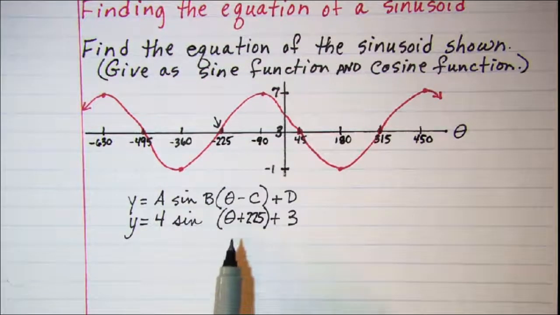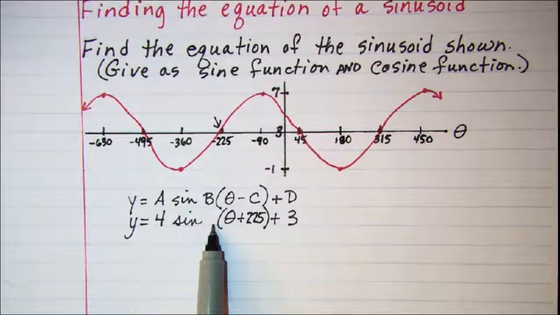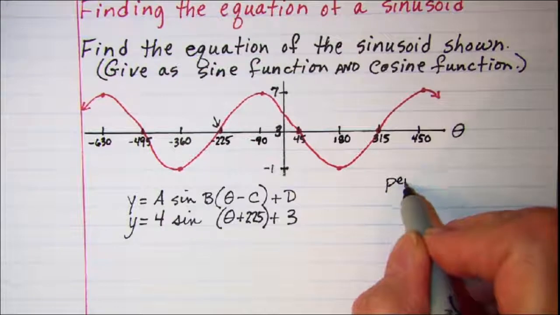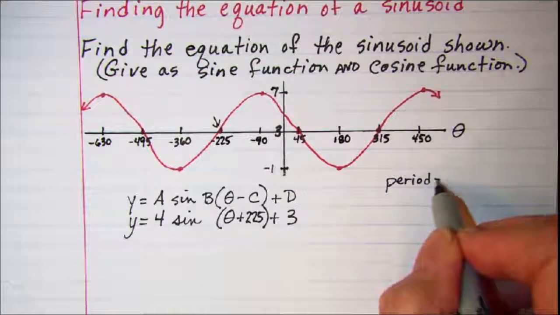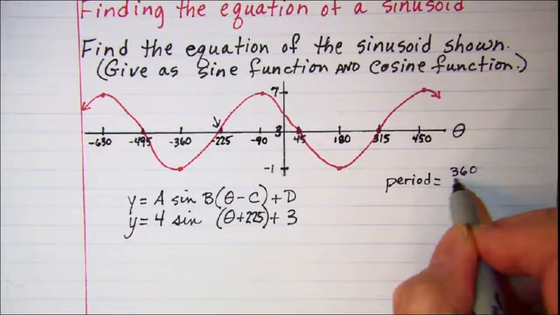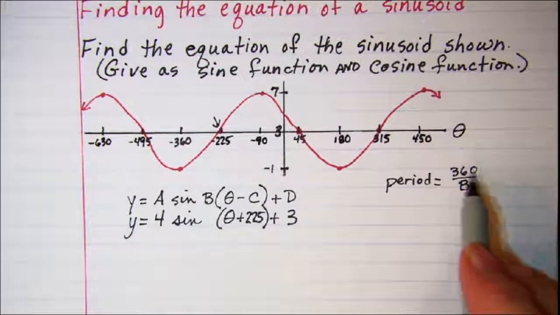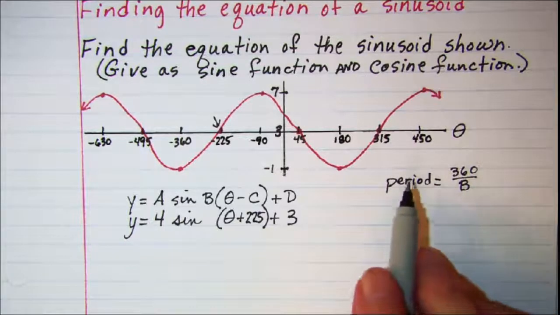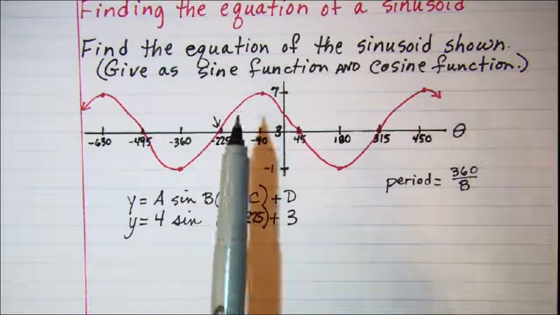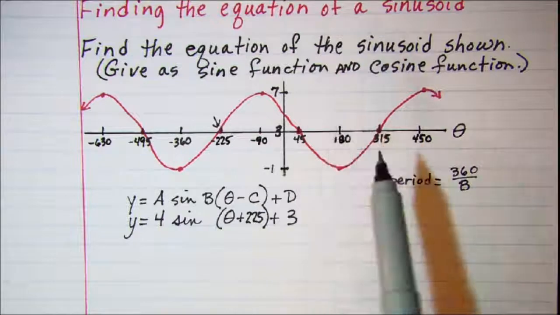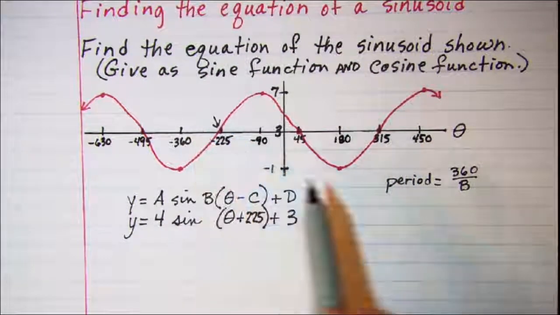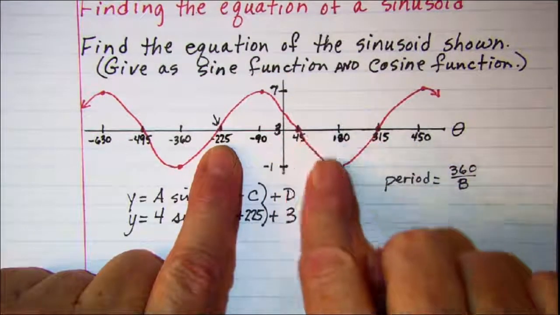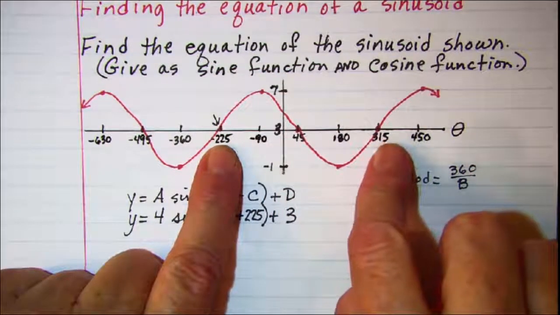And then the only thing left to do now is find b. Now remember, b determines our period. The equation is period equals 360 over b. And it would be 2 pi over b if we were working in radians. So we can find our period by taking two identical points. Let's go ahead and take our starting point here, and then one period would be ending here at 315.